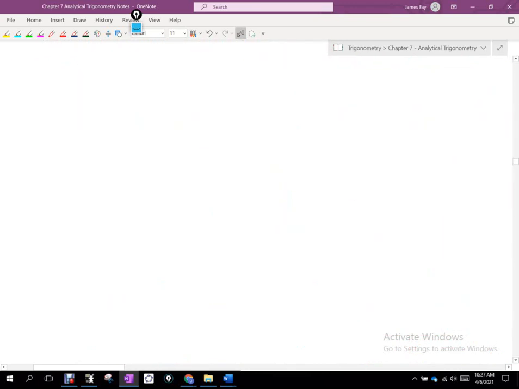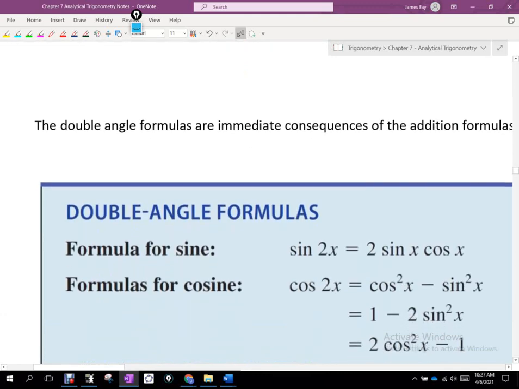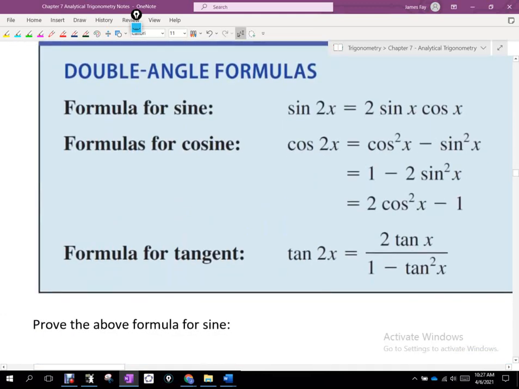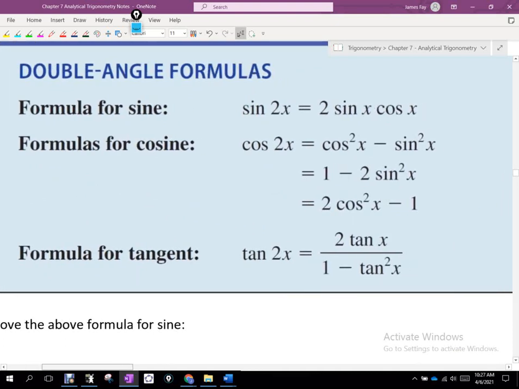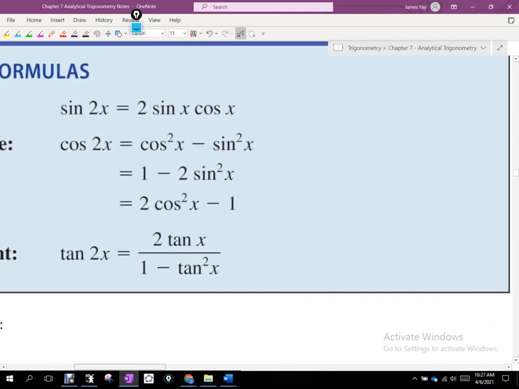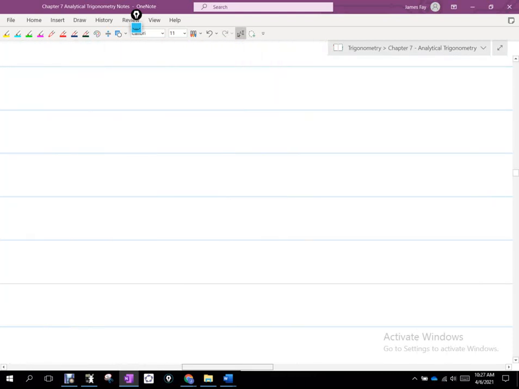What I would like to do is introduce these to you. Okay. And I know I'm not just going to give them to you like this and say memorize them. I'm going to show you where they come from. It's a very easy connection from what we already know.